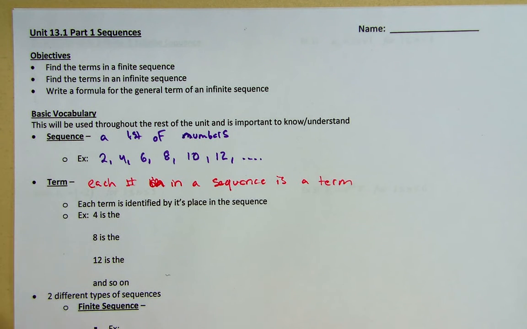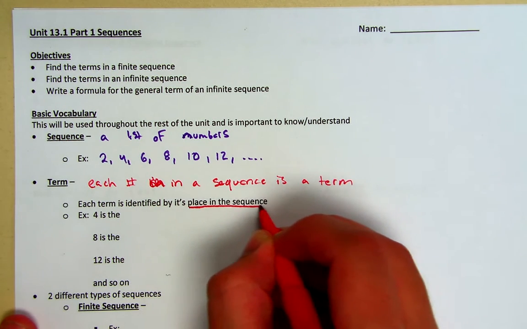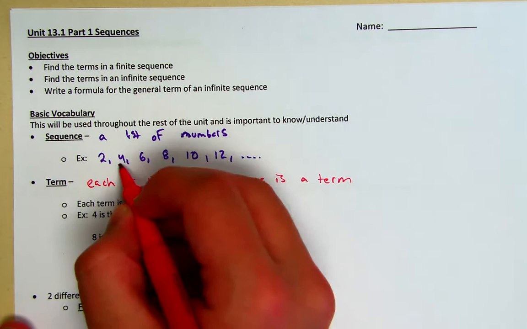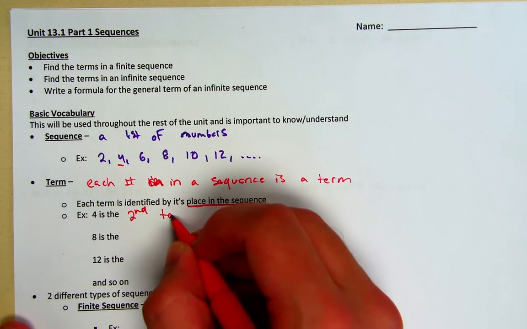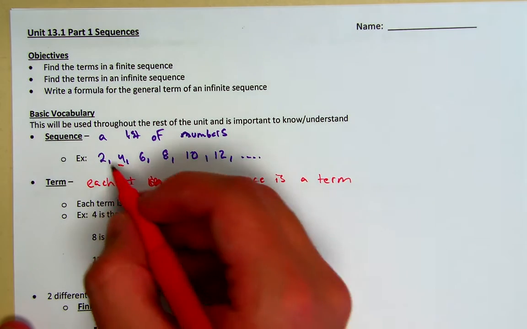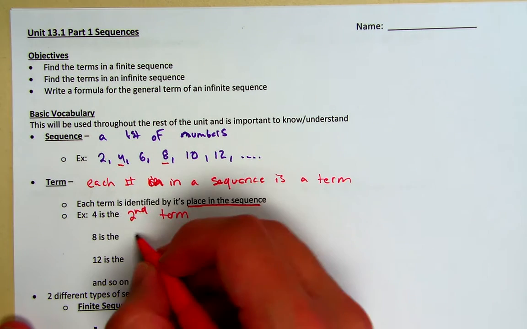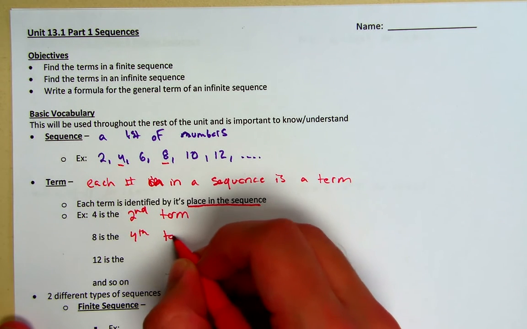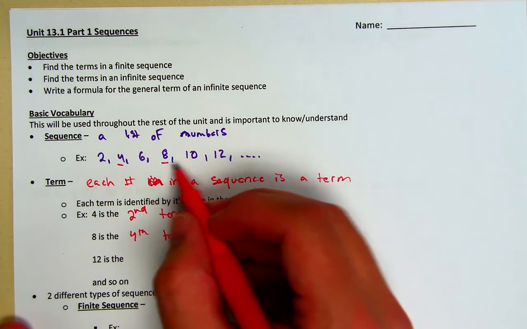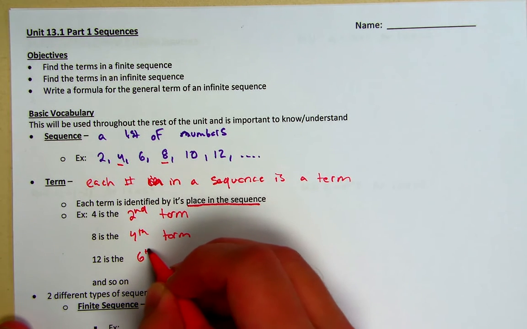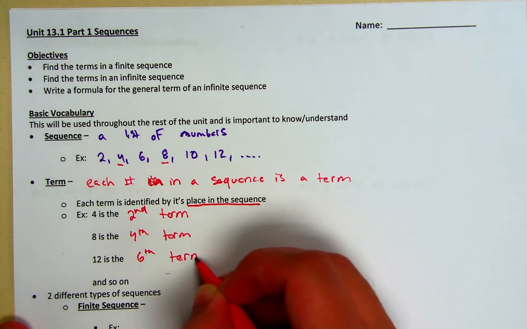Well, it's identified by its place in the sequence. So 4 is the second term because it's second in the sequence. 8 is 1, 2, 3, 4, the fourth term in the sequence. 12, it's the last term, but 4, 5, 6, it's really the sixth term in the sequence.